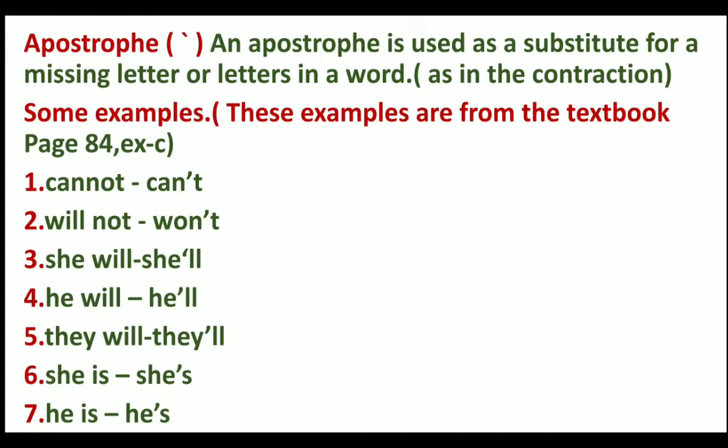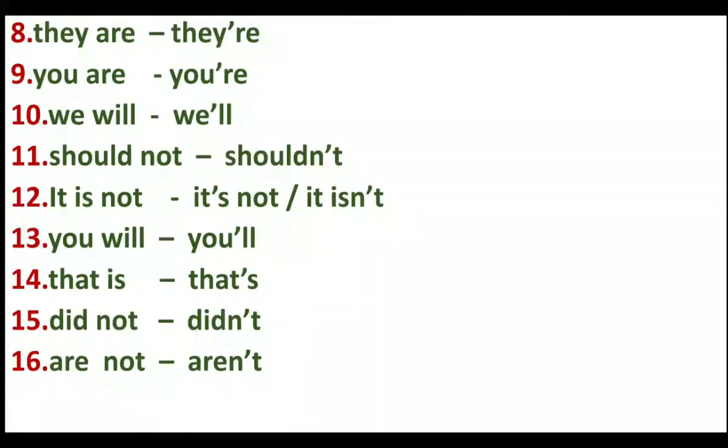As in the contraction: cannot is can't, will not, won't, she will, she'll, he will, he'll, they will, they'll, she is, she's, he is, he's, they are, they're, you are, you're, we will, we'll, should not, shouldn't, it is not, it's not, or it isn't.